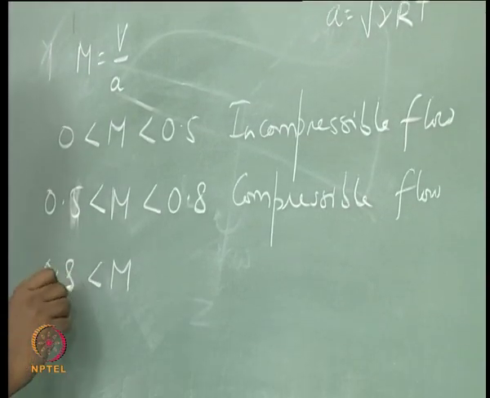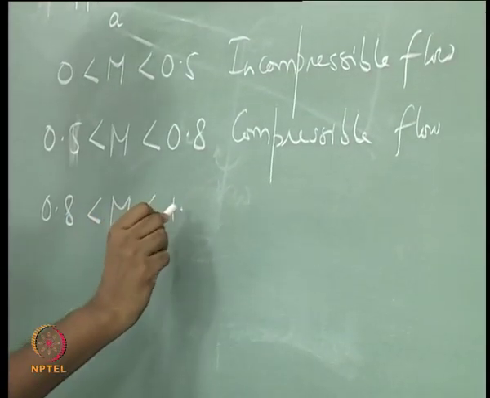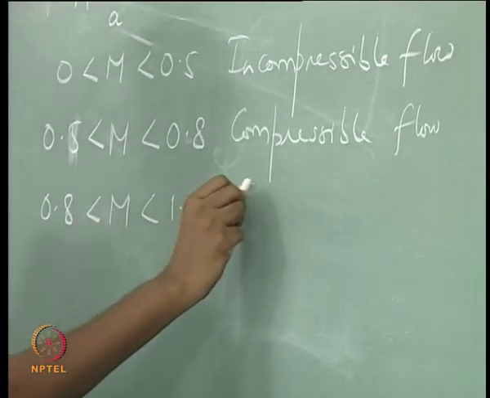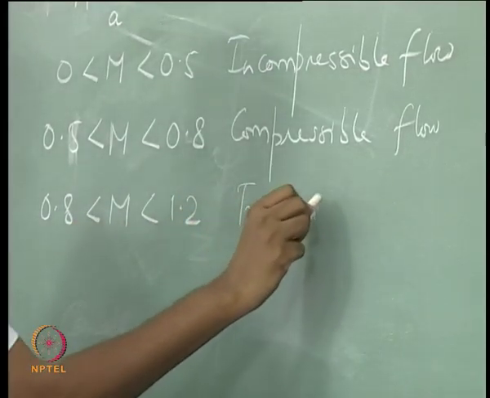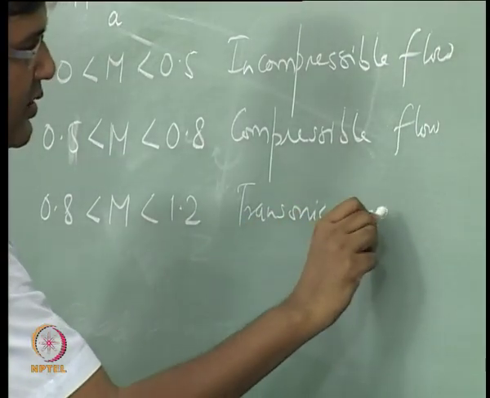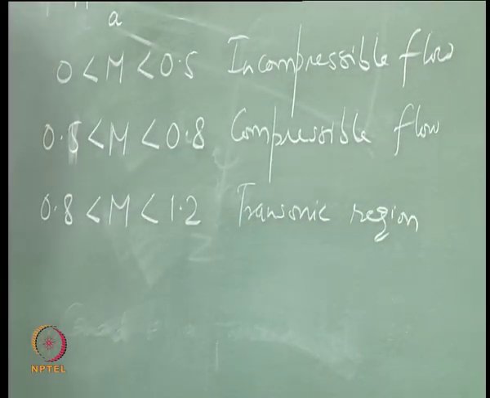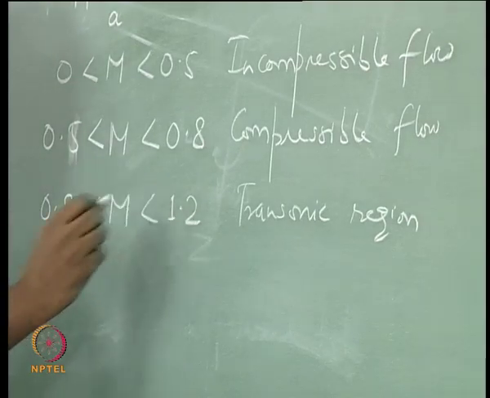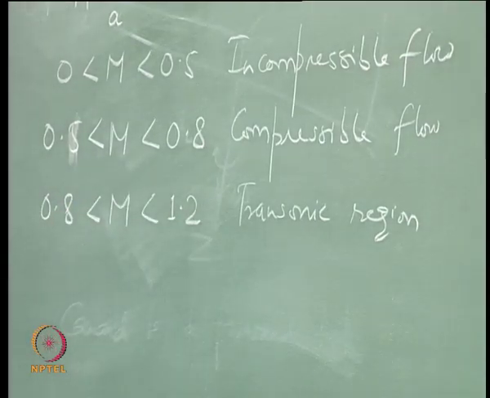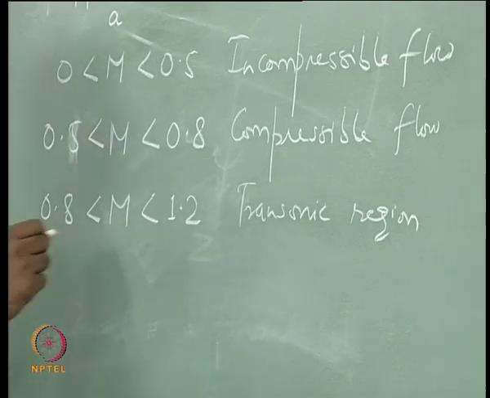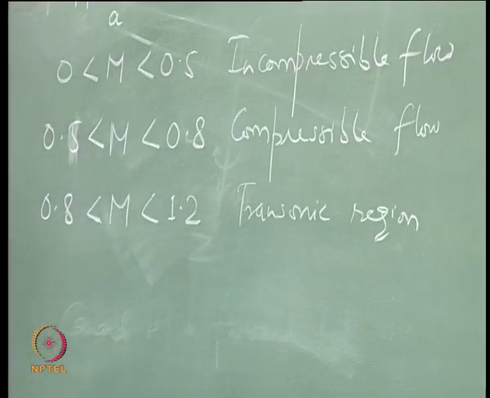Mach number above 0.8 and below 1.2 is the transonic region, where the wing can encounter some of the discontinuities in the airflow because of the presence of shock, weak or strong, depending upon the speed, whether it is close to 0.8 or close to 1.2.